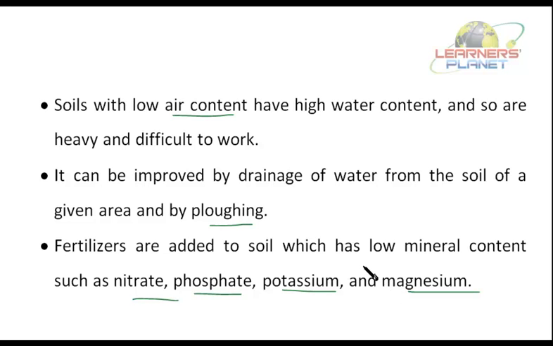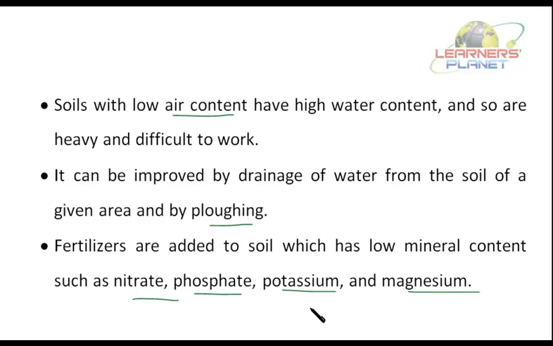So in this way, we can do some adjustments to make a soil more fertile. Like we discussed, alteration of pH by making it more alkaline or more acidic. Then alteration of air content, that is aeration, and addition of fertilizers.